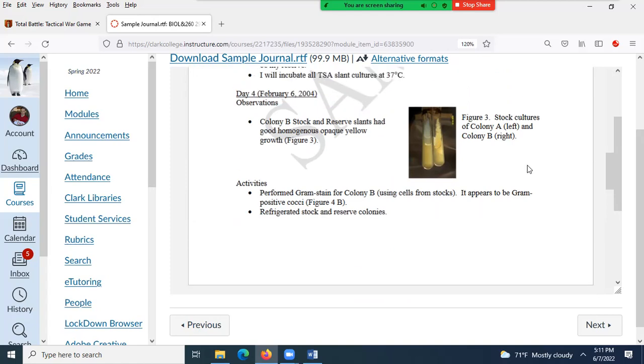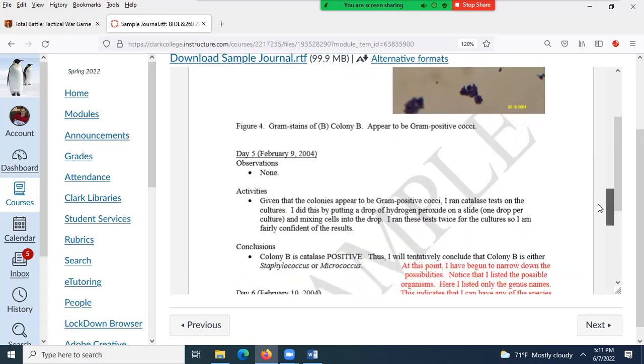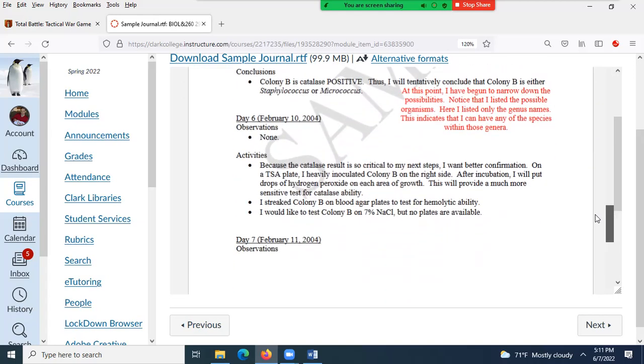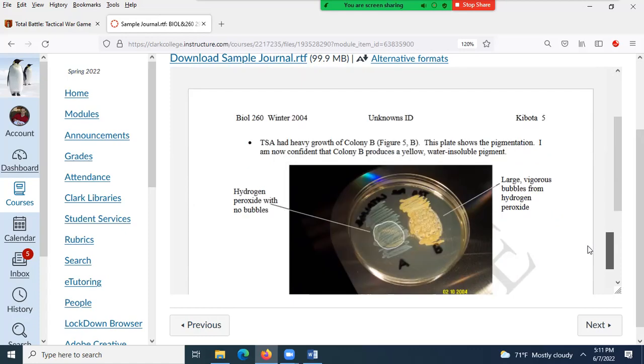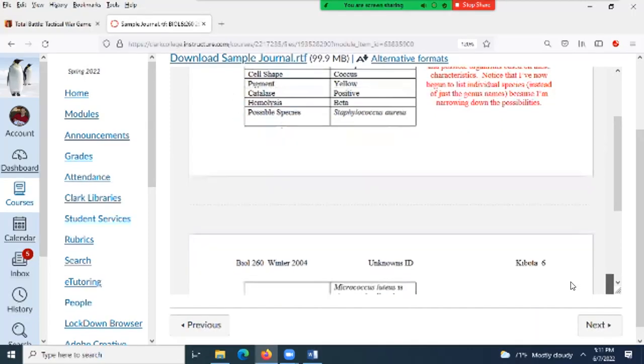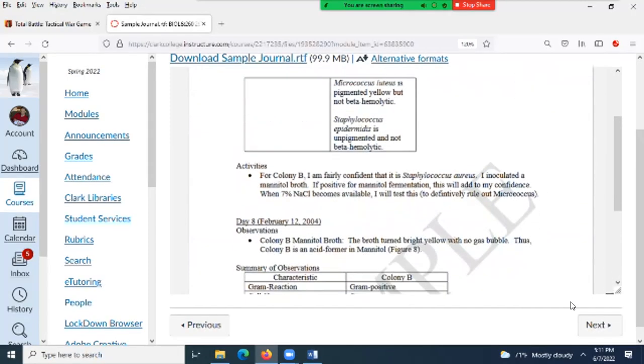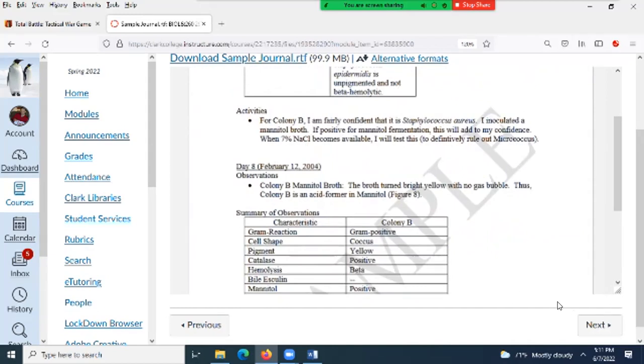And the conclusions are just the interpretations of your results. Let me go to another example where it'd be a little easier. All right, so the observation was the mannitol broth.